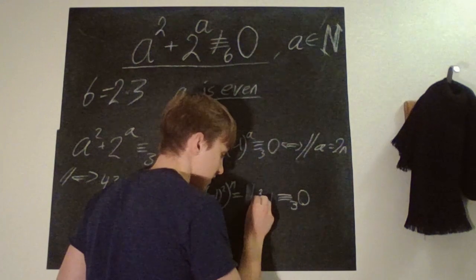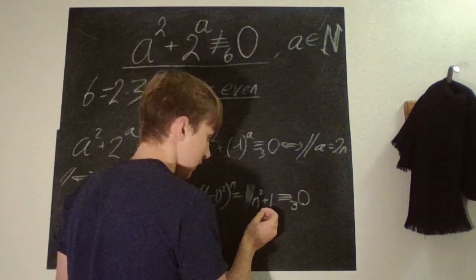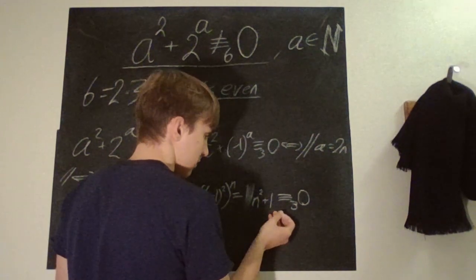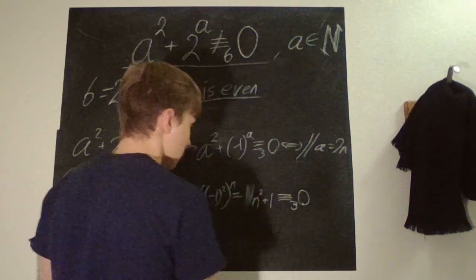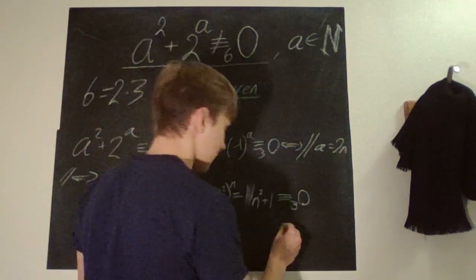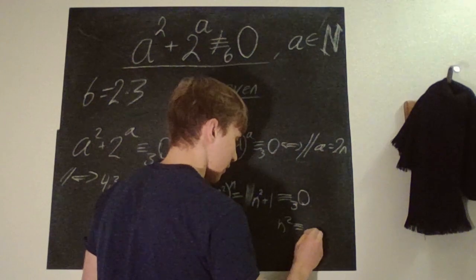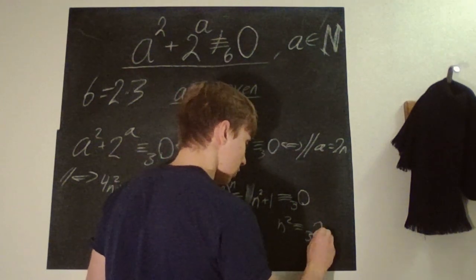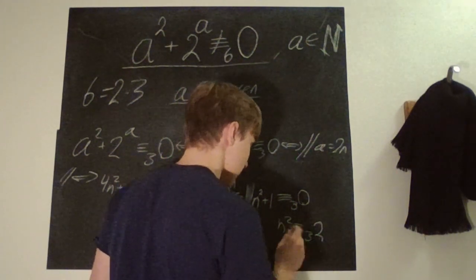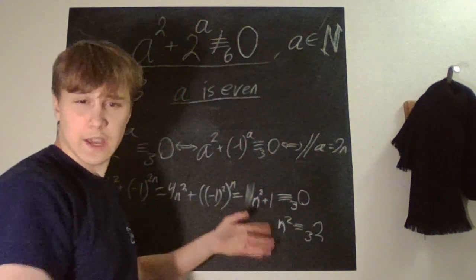So we have that n squared plus 1 is supposed to be divisible by 3, meaning that n squared modulo 3 has to be equal to 2 for this to make sense. And is this ever the case?